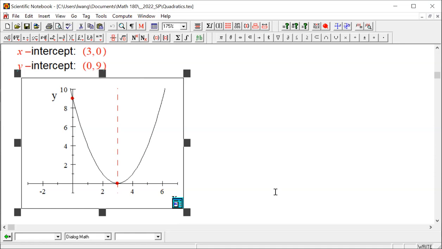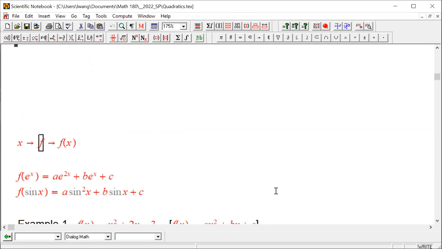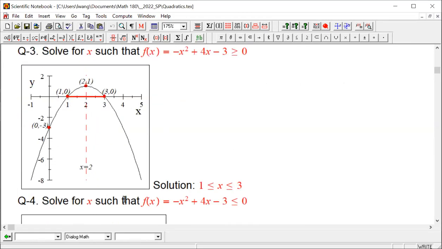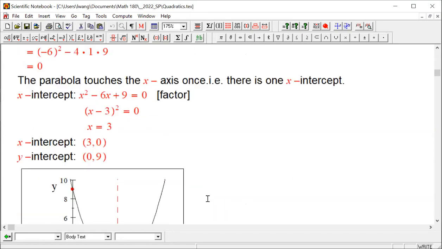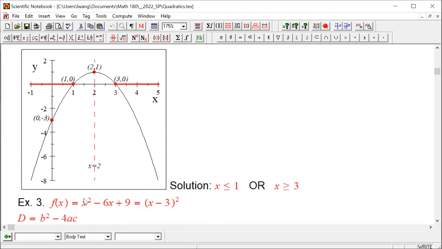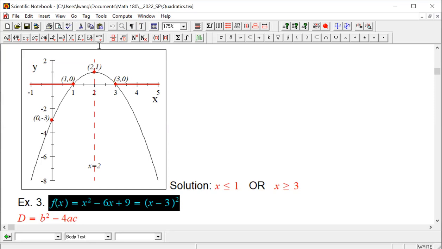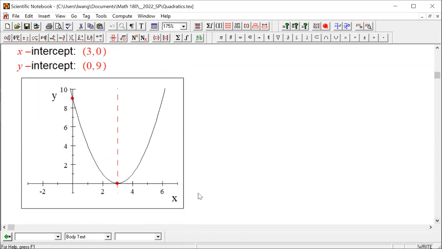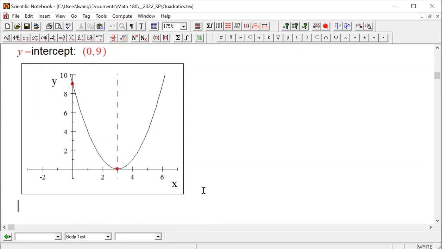Suppose that I want to know when the function is positive, right? So I'm going to give you a couple of questions. So we have the function. Wait, where's my function? Right there. That's my function. I'm going to give you question number 1.